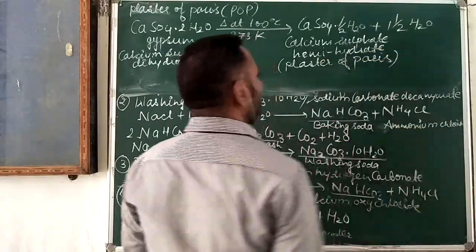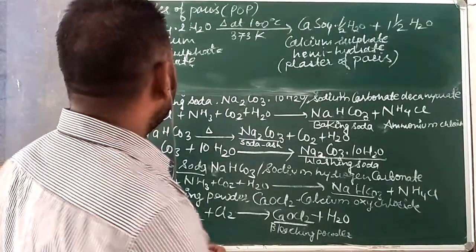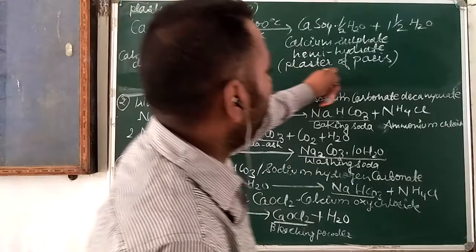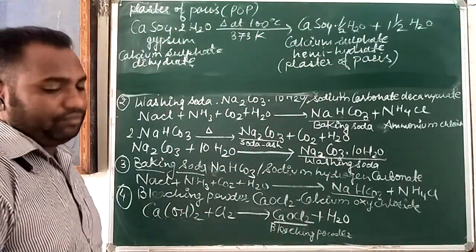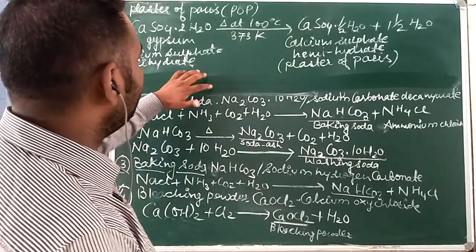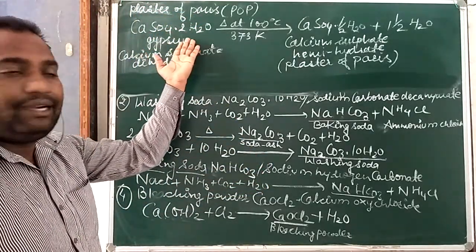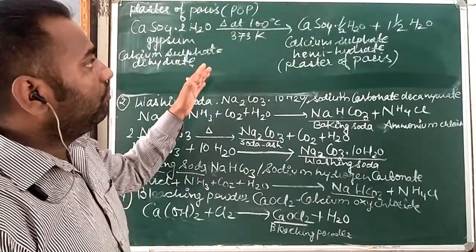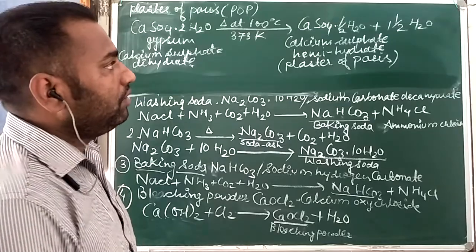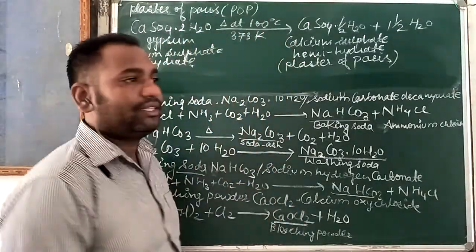You can see how we form different types of salts in our daily life. When calcium sulfate dihydrate is heated at 100 degrees Celsius, calcium sulfate hemihydrate, that is plaster of Paris, CaSO4·½H2O, is formed.